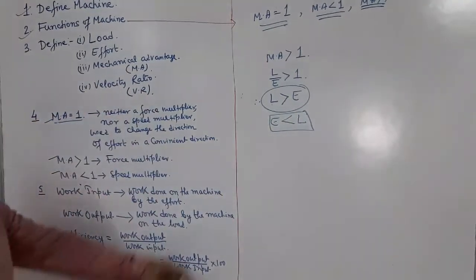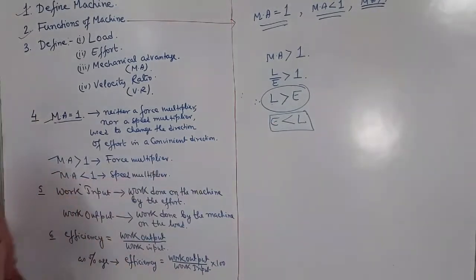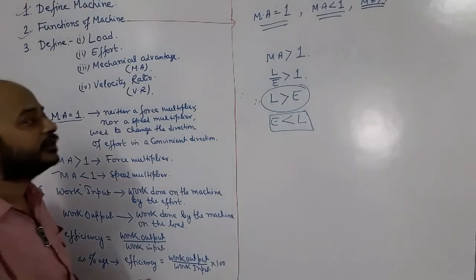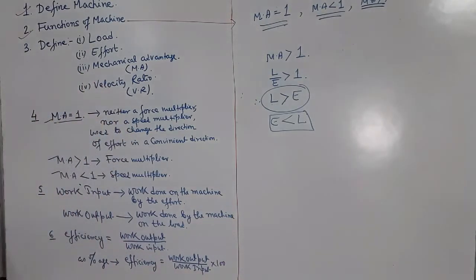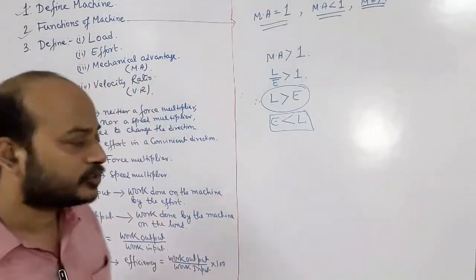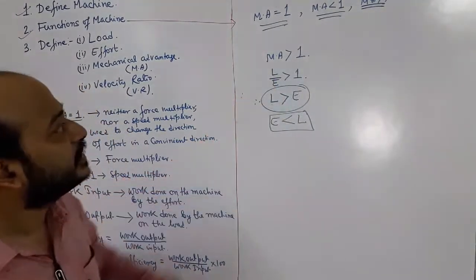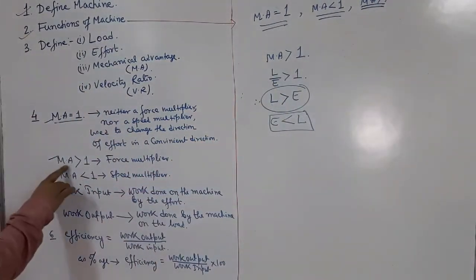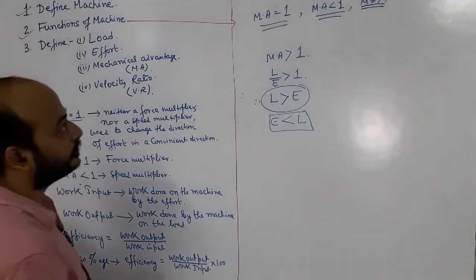So naturally there is a gain in force. We are giving less effort and overcoming a greater load, a greater resistive force, by applying a small force. So the machine is acting as a force multiplier.